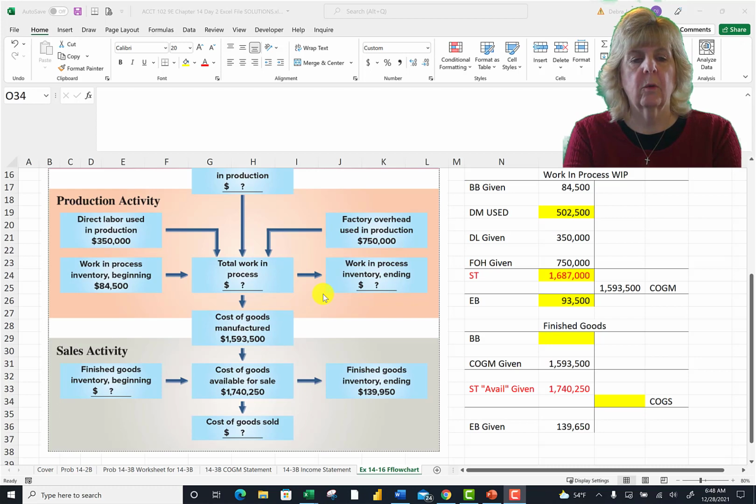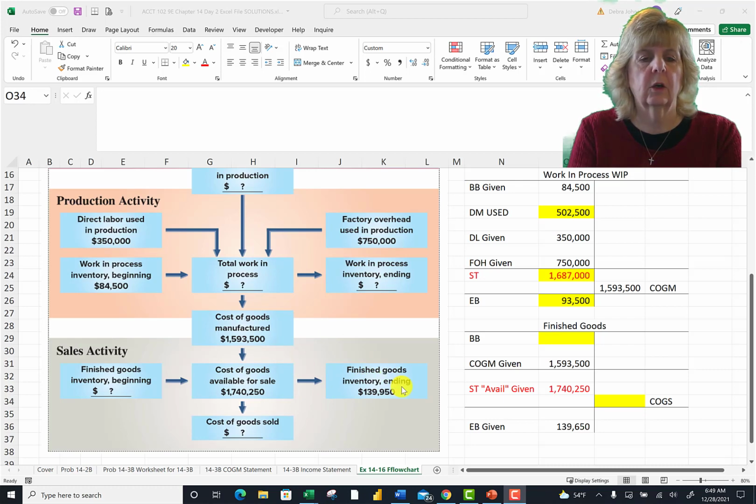Finally, in the gray-brown area, we're taking a look at sales activity. Remember that when goods are finished and transferred out to cost of goods sold, there's movement that takes place going from the balance sheet over to the final resting place in cost of goods sold.